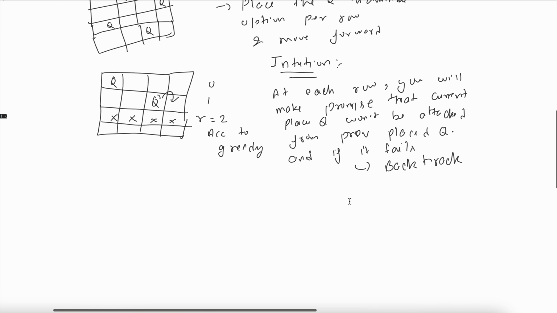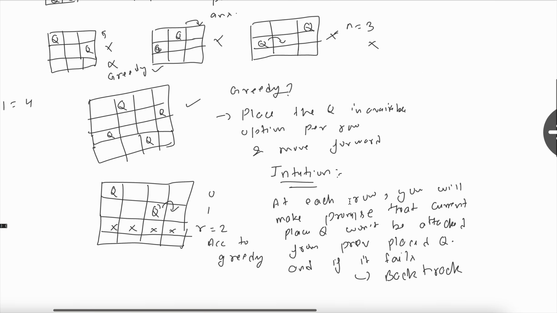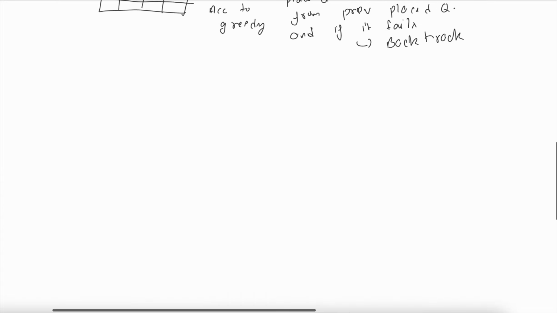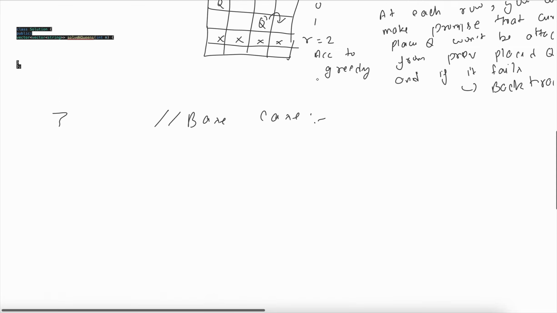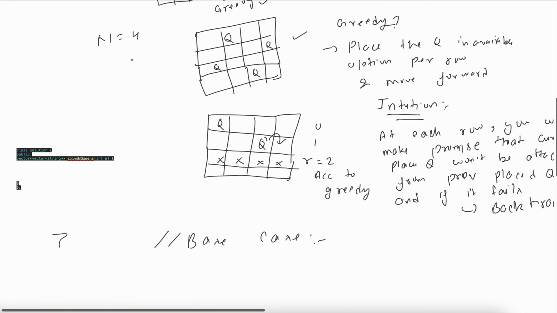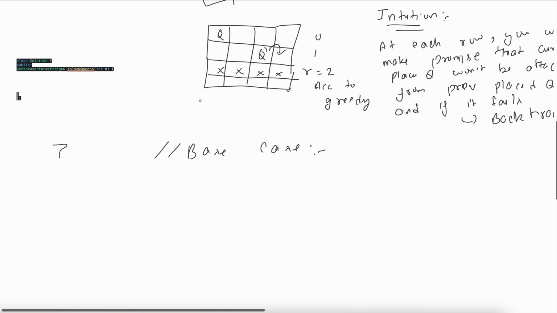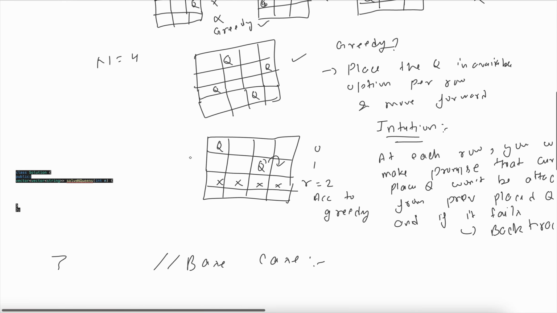So now we will think of a base case. What's the base case here? Okay, you can see what our function looks like. We have an imaginary board, and we are placing q there.